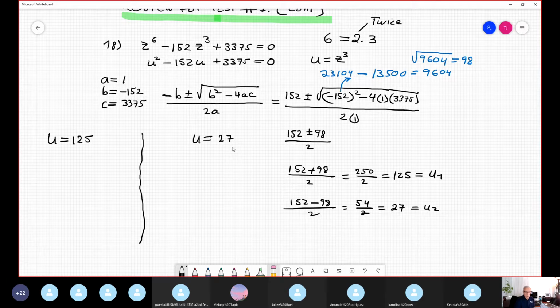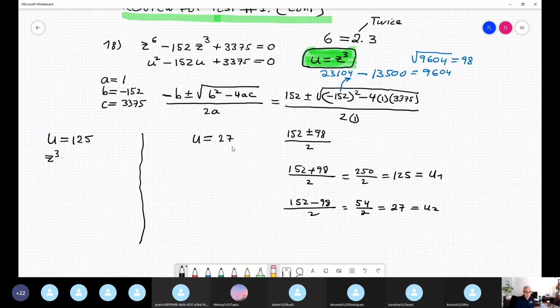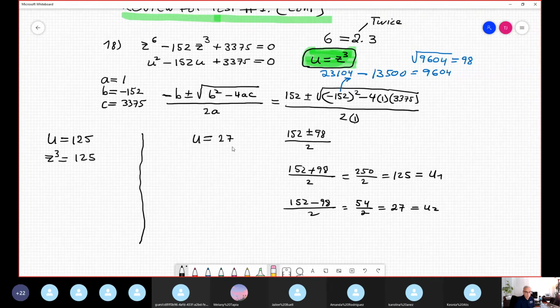And what is the relationship connecting U and Z? This one. It was the substitution. This formula is a substitution. Therefore, I can replace C cubed for 125.